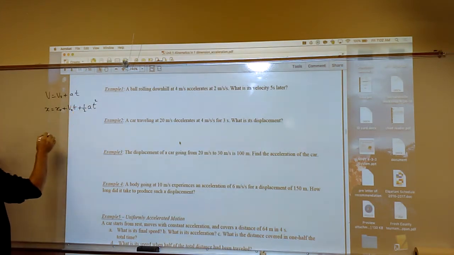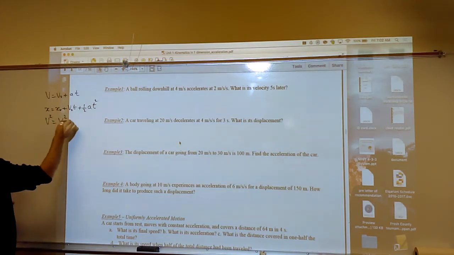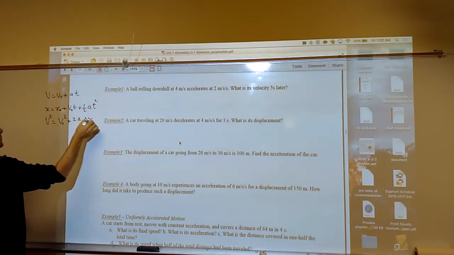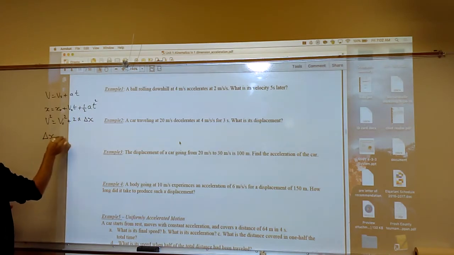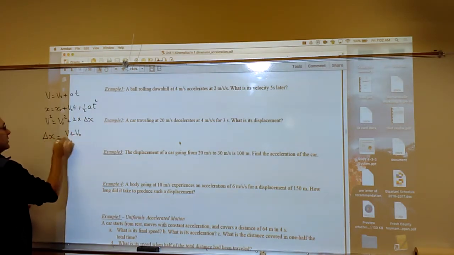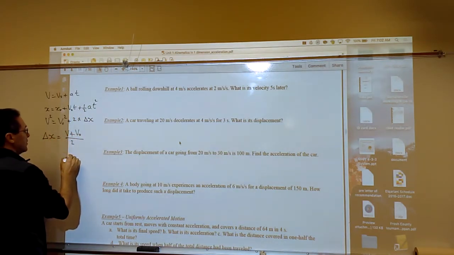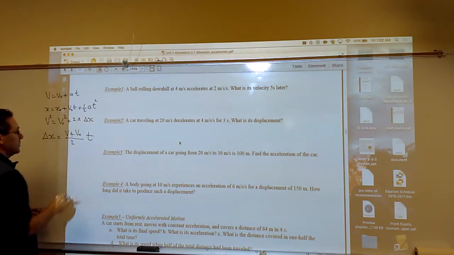We've been doing this for a long time. I have them memorized. And the last one is your final velocity, initial velocity, divided by 2 times time.